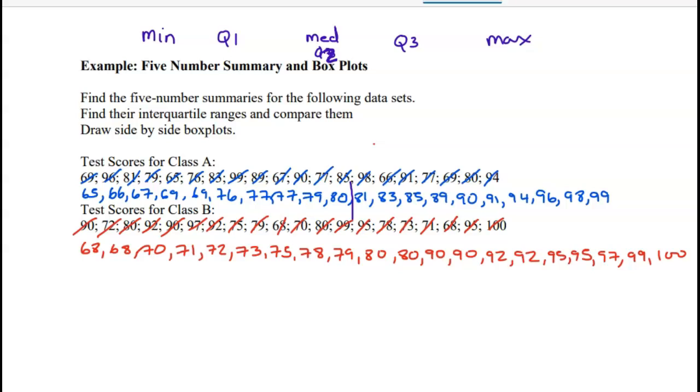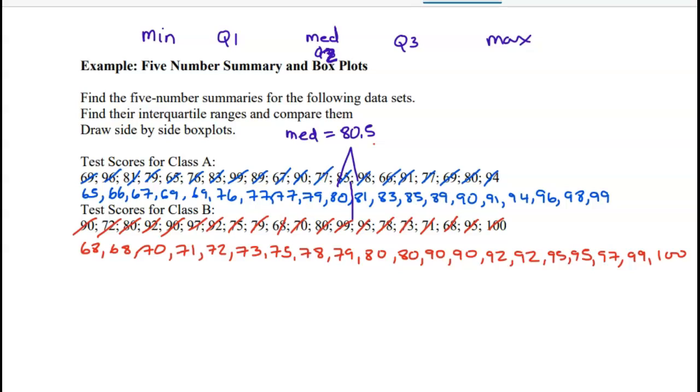Because this is an even number and the middle doesn't fall on exactly a data point, you average these. You average 80 and 81 and you get 80.5. So this is the median for the top data set.